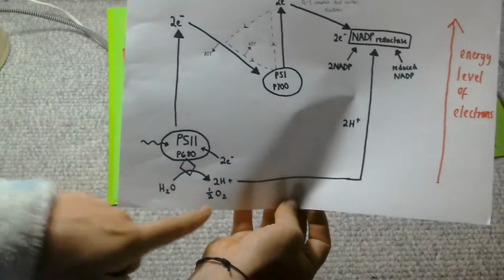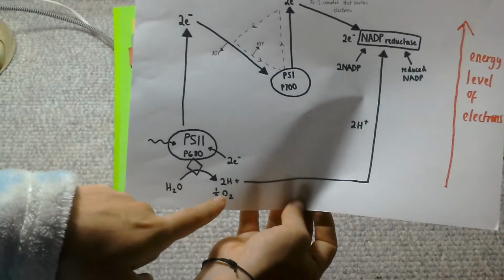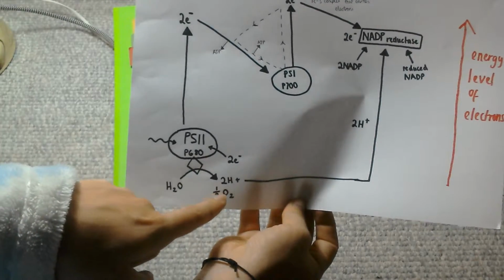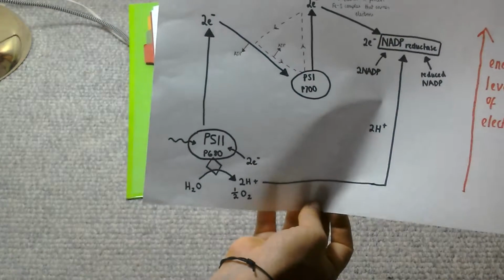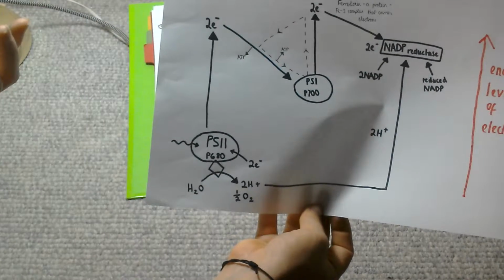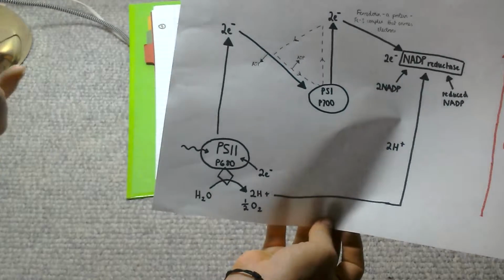And they actually found that in photosynthesis, CO2 and water makes glucose and oxygen.